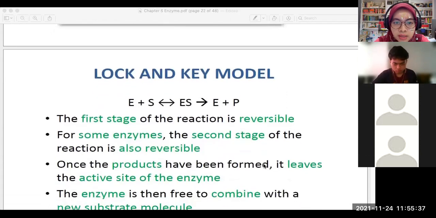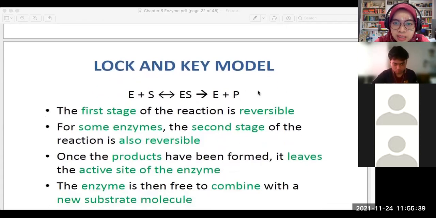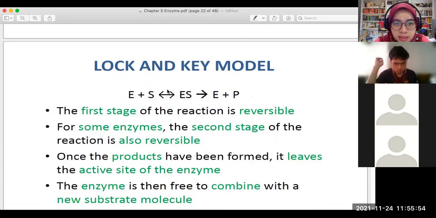Okay, so in the lock and key model, again using the same reaction, enzyme plus substrate equals enzyme-substrate complex. It will form a transition state first before being converted into product. So the first stage here, reaction 1 and reaction 2, the first stage is reversible, and for some enzymes the second stage is also reversible.